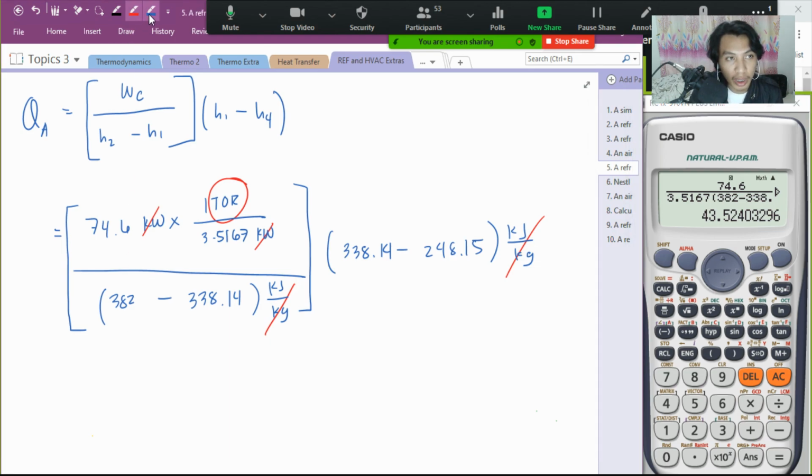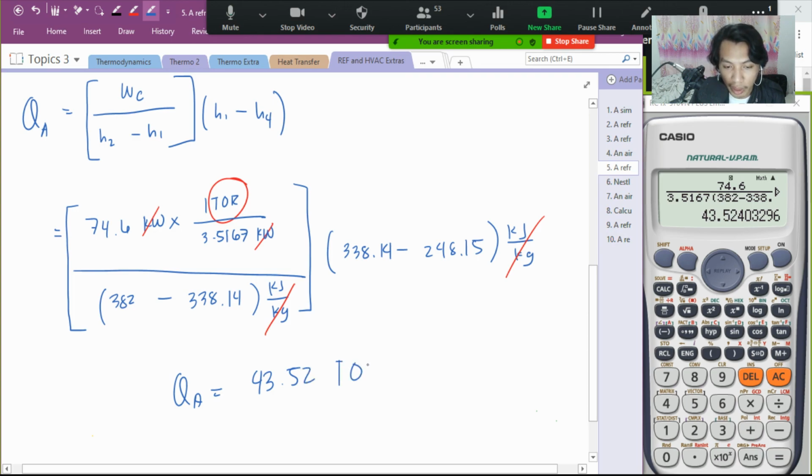The answer is QA equals 43.52 tons of refrigeration.